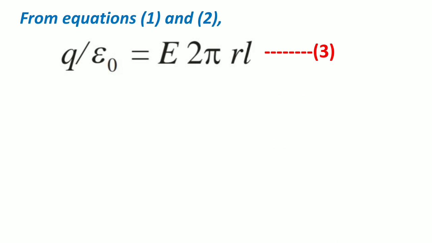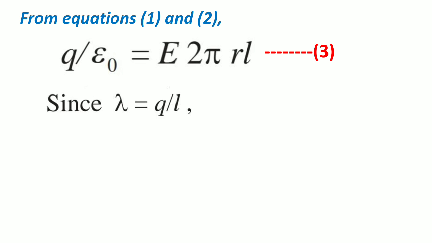Now label this as equation number 3. Since lambda is the linear charge density, which as I have explained is nothing but charge per unit length, and the length of this wire is considered as small l, that is lambda is equal to Q upon l.